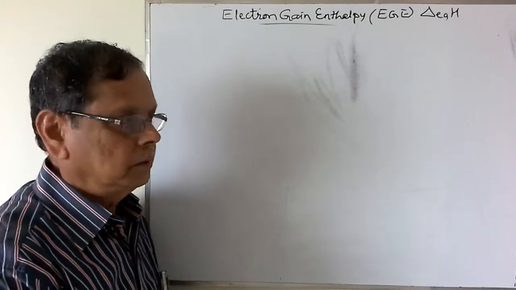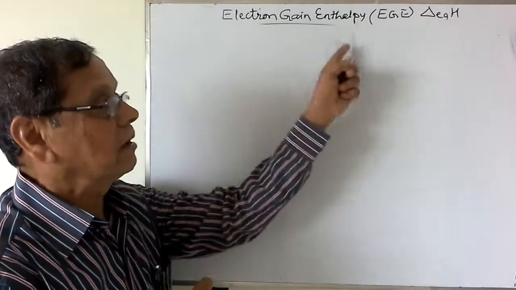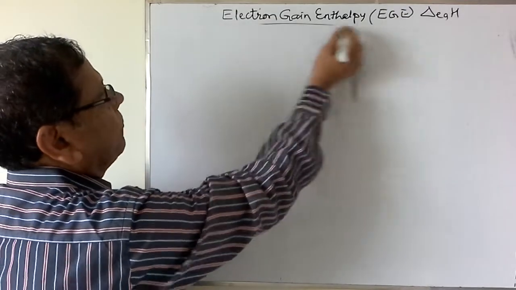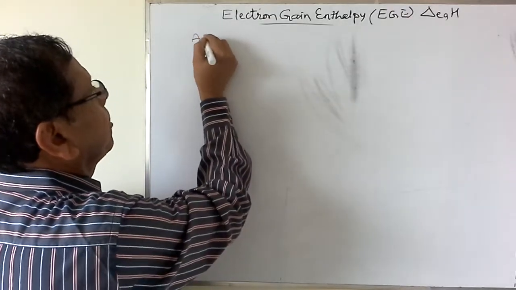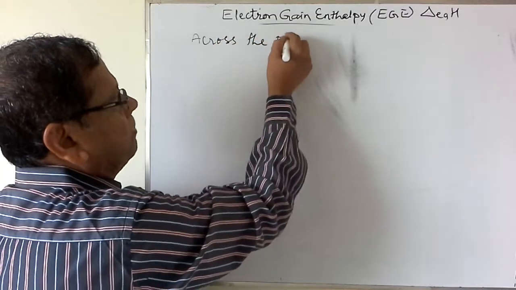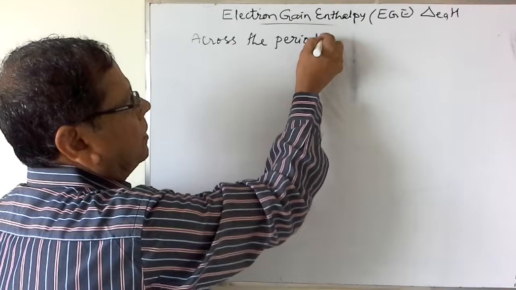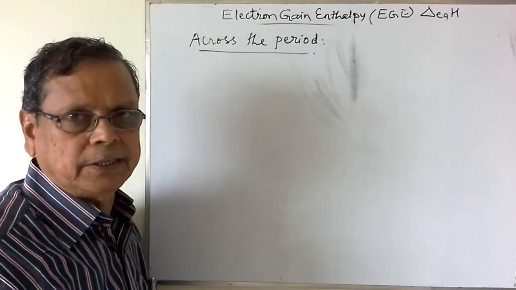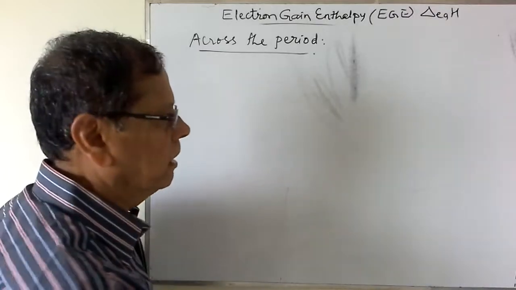Welcome back to the topic on electron gain enthalpy. Now let us see the variation of electron gain enthalpy across the period. In the previous video we have seen three important factors affecting the electron gain enthalpy.